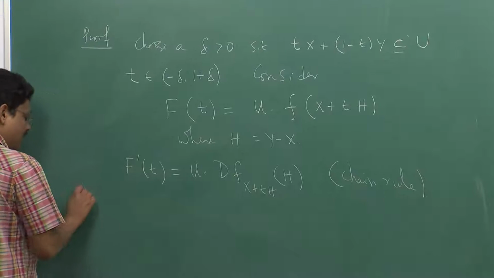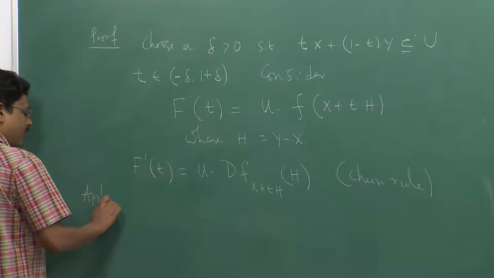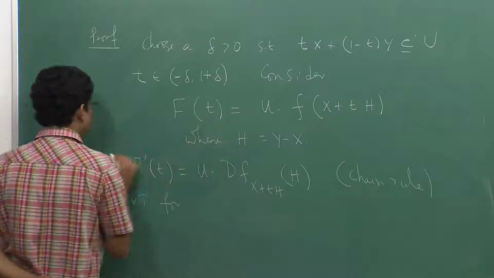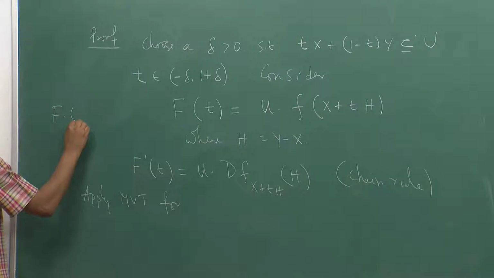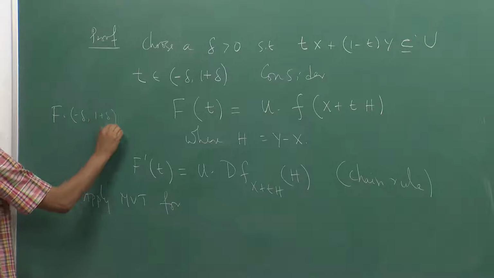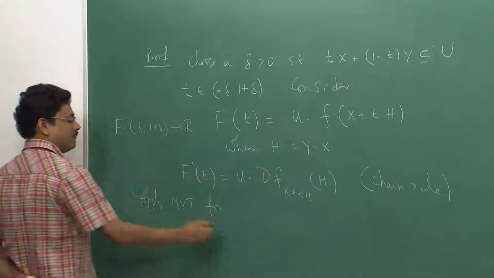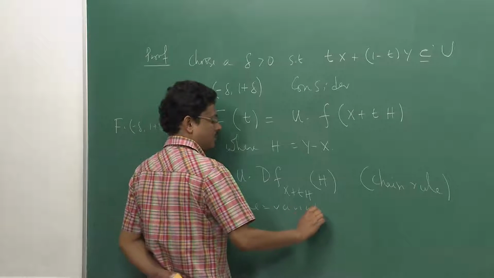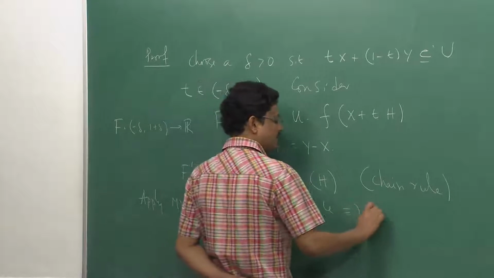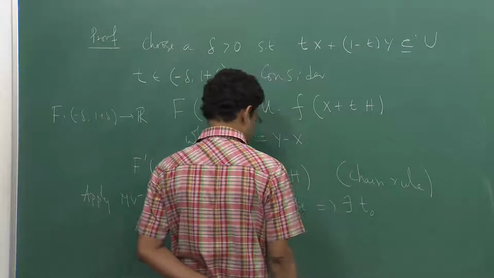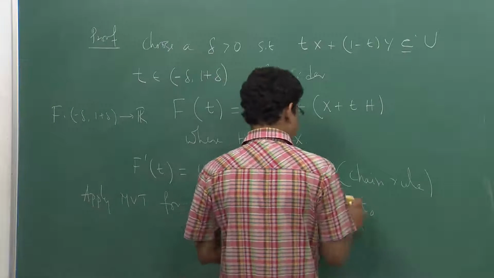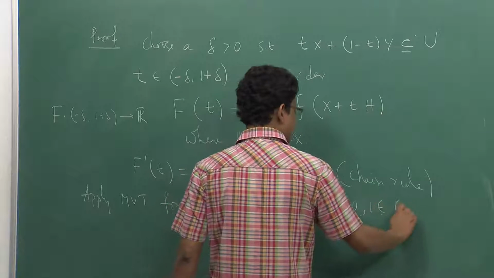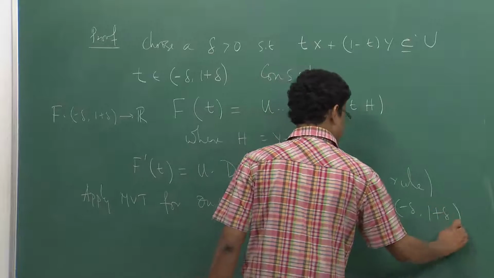Okay. Apply MVT for one variable. F is from minus delta to 1 plus delta, this interval, to R. MVT for a one variable function will imply there exists a T naught, MVT for a one variable function with 0 and 1 in minus delta to 1 plus delta.